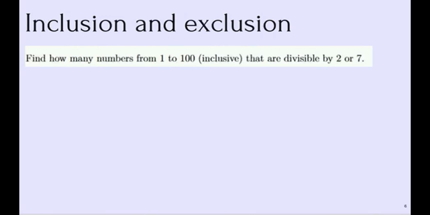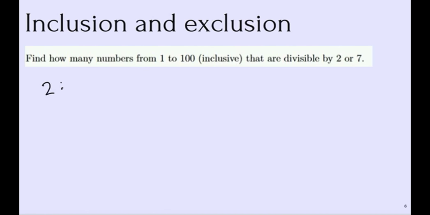So, we get into inclusion and exclusion now, which is basically what we did, but with a catch. So here's an example question. How many numbers from 1 to 100 inclusive are divisible by 2 or 7? So we count.